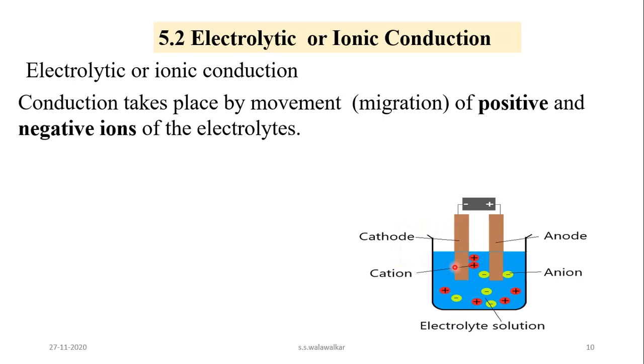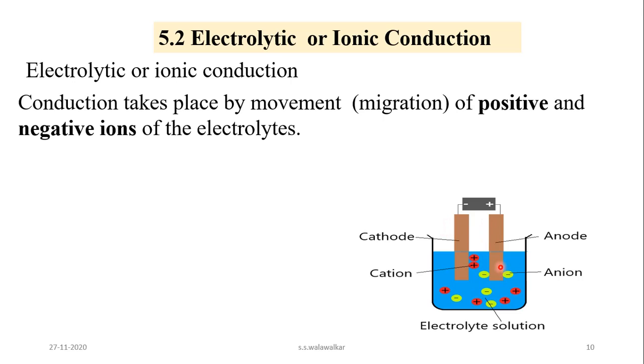They do not react with the electrolyte, and in the electrolyte positive and negative ions are present. Suppose this is molten sodium chloride; then these red circles represent sodium ions, and these yellow circles represent chloride ions, present in the electrolyte solution.